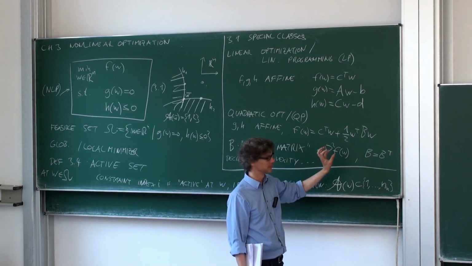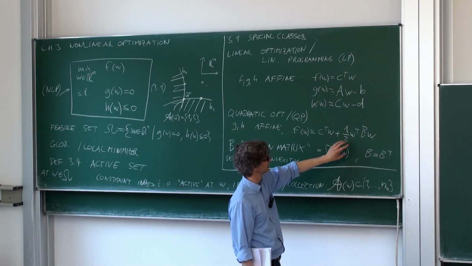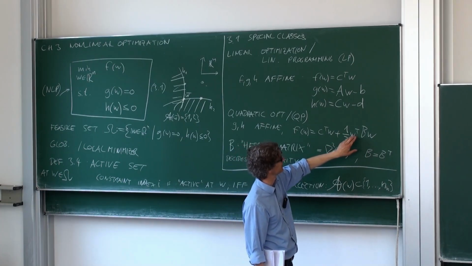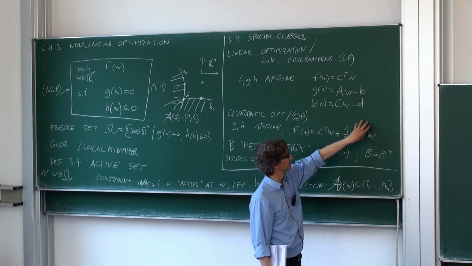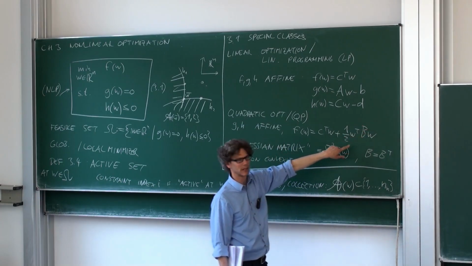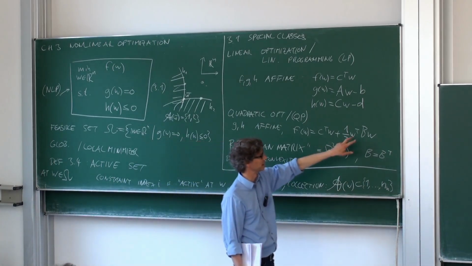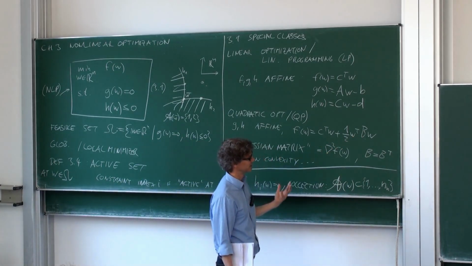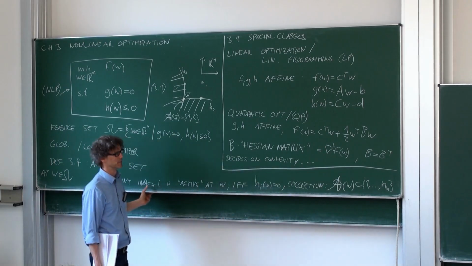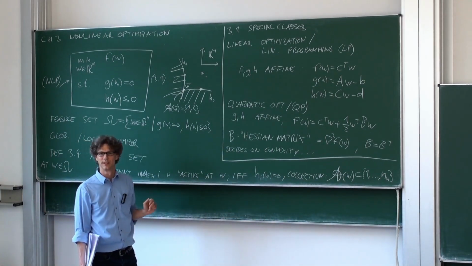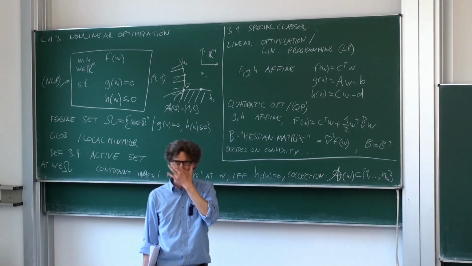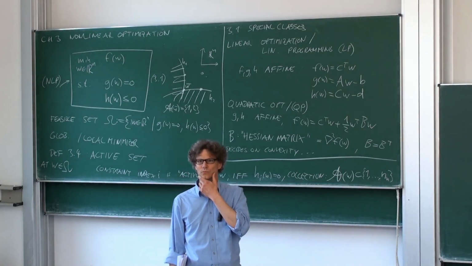I mean, second derivatives will be symmetric because this operation where you multiply it from left and right with a w actually makes the non-symmetric part of the matrix B anyway not survive. So it's only the symmetric part of the matrix B that will matter, and therefore you can directly assume it to be symmetric.